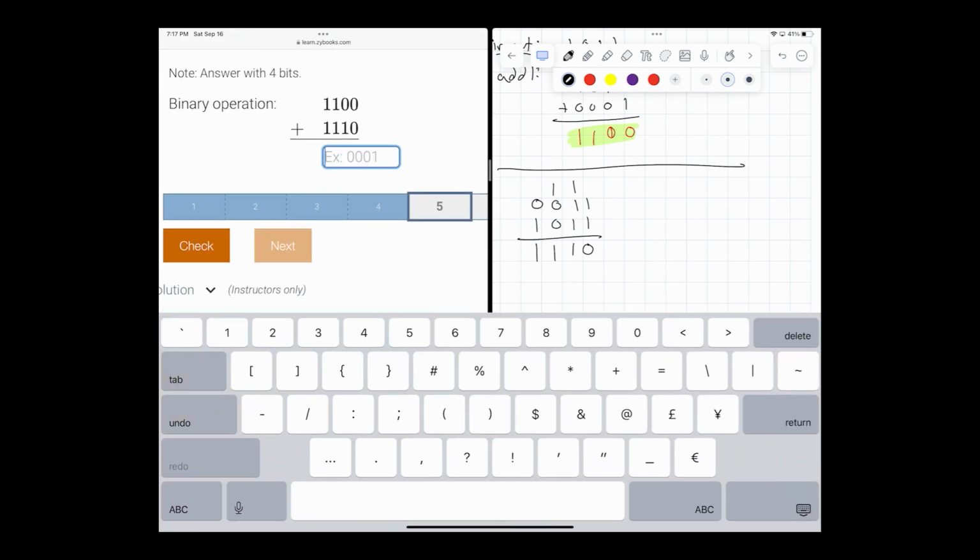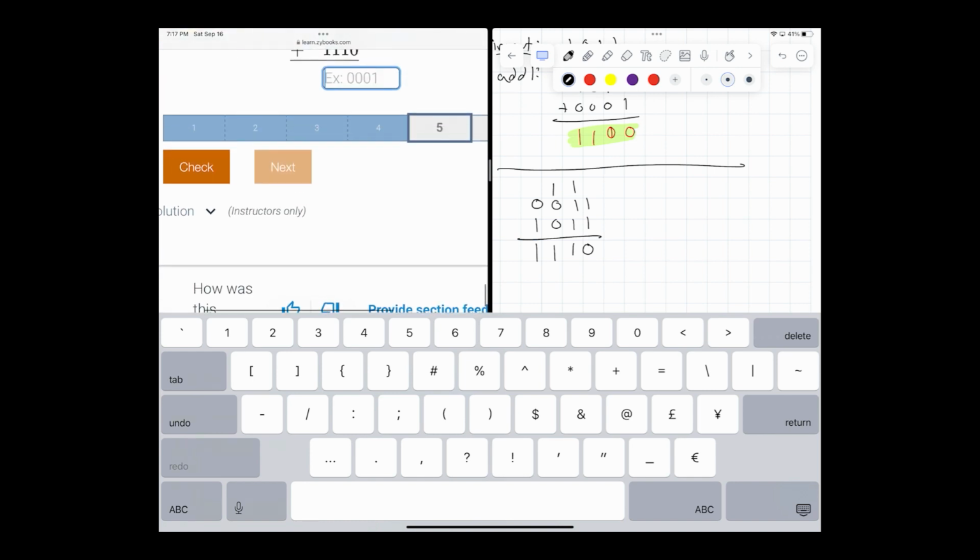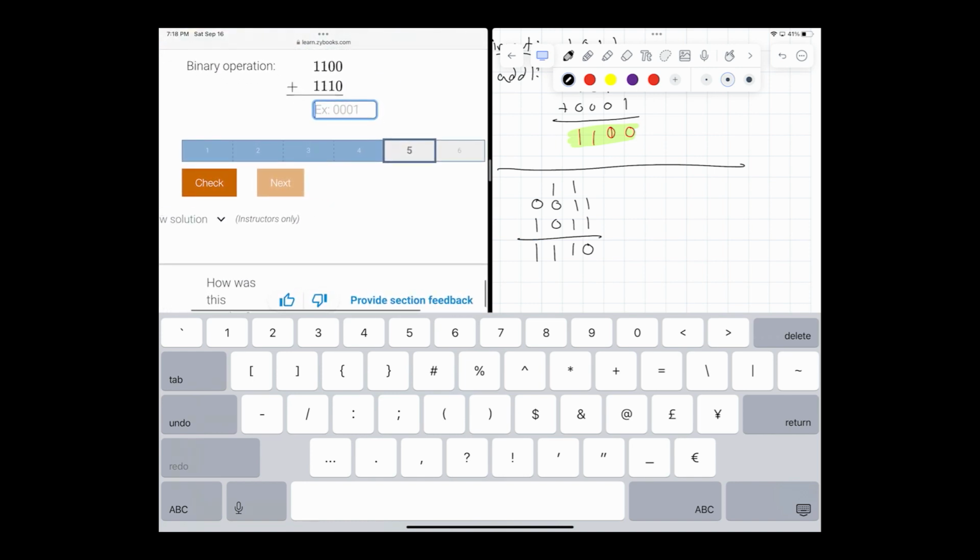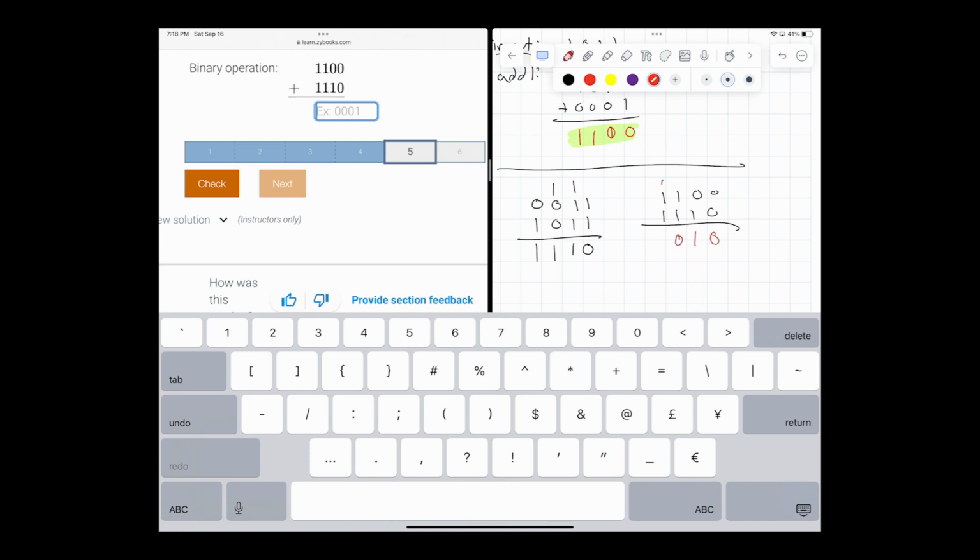Add them again. I mean, you can do that, right? 1, 0, 0, 1, 1, 1, 0. 0 plus 0 is 0. 0 plus 1 is 1. 1 plus 1 is 0, carry 1. 1 plus 1 plus 1 is going to be 1. And then there's overflow.